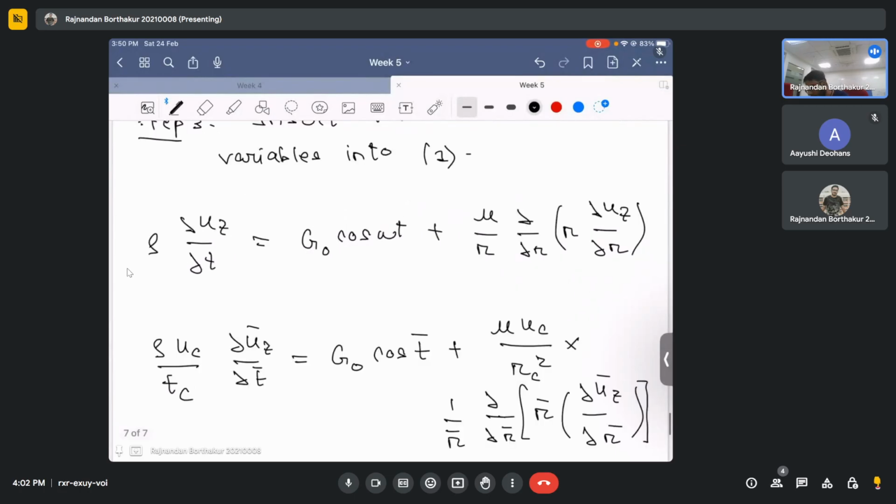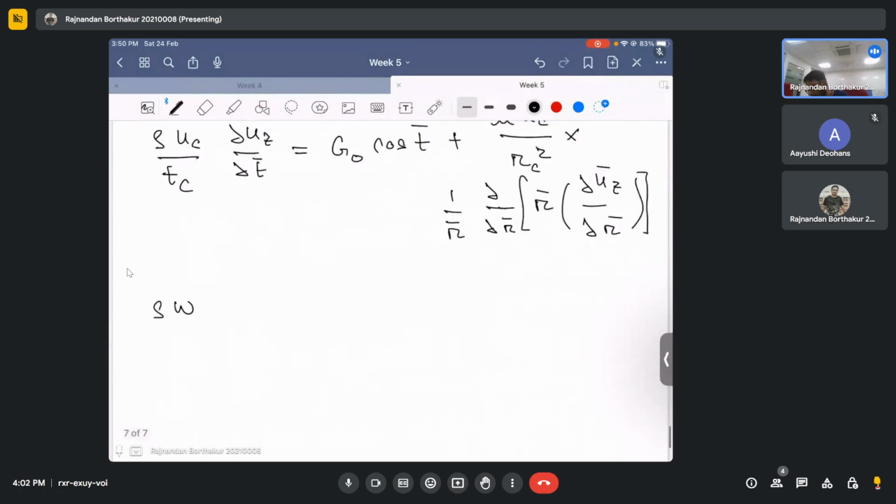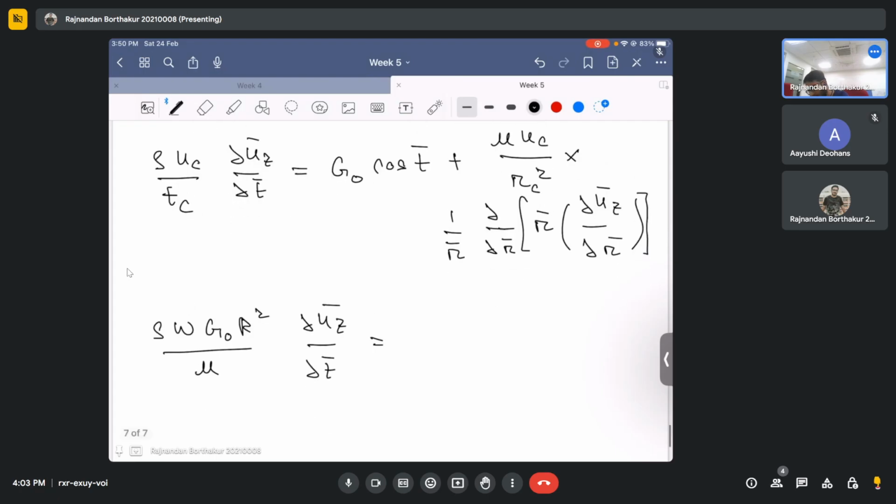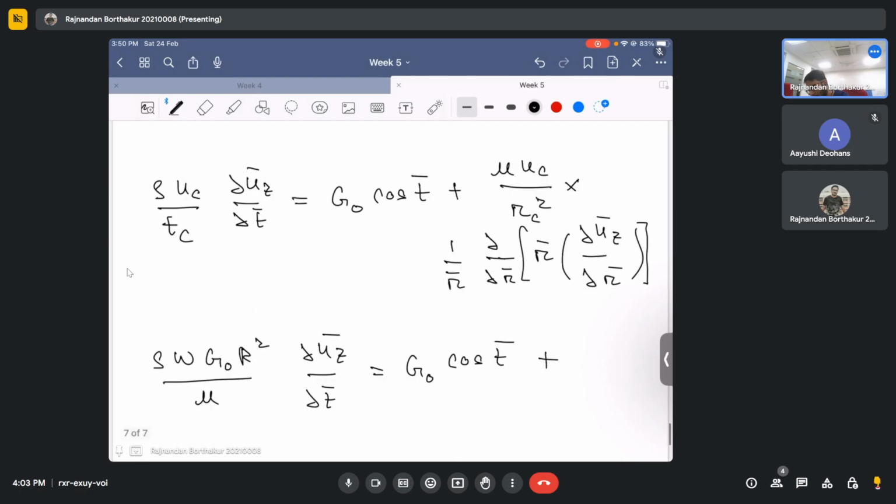And uc is g naught times r squared by mu, times del uj bar by del t bar, and this becomes g naught times cos of t bar.